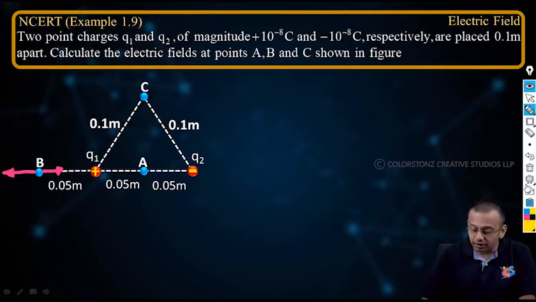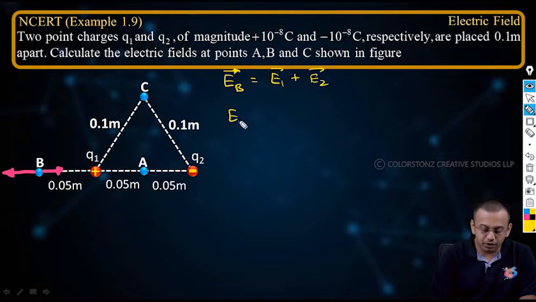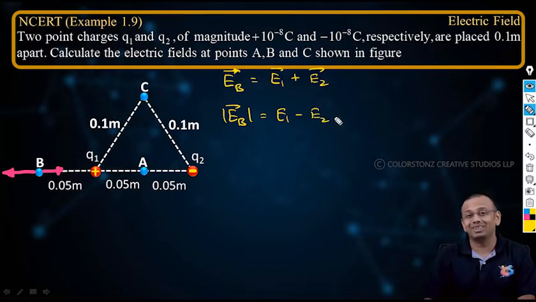At B, if I want to write the net electric field, then vectorially it is the sum E1 plus E2, but in terms of magnitude it will be E1 minus E2 because they are in opposite directions. E1 minus E2 will be the net electric field.